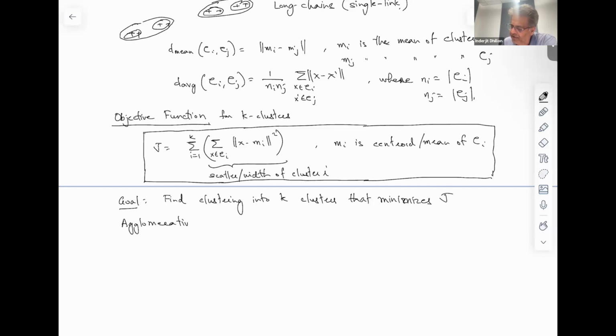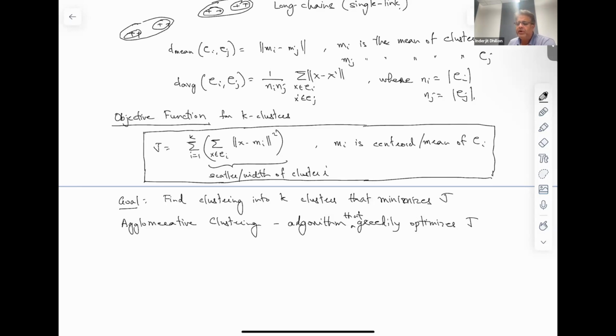And let's see if I can take my agglomerative clustering method and get an algorithm that greedily optimizes J, the objective. What do I mean by that?